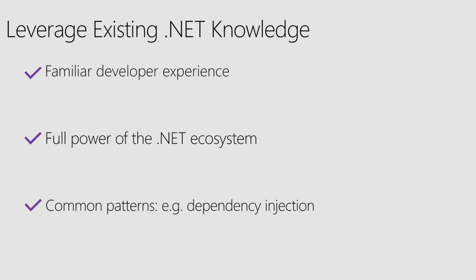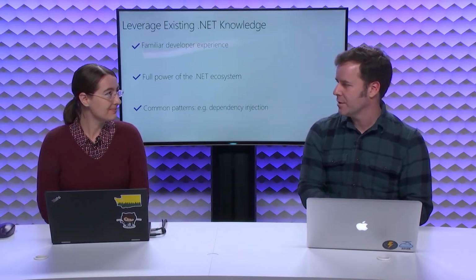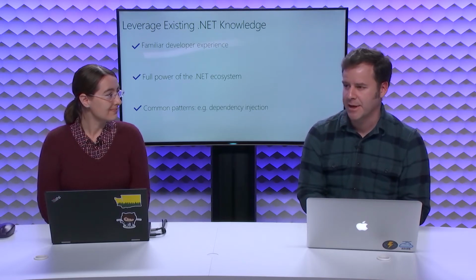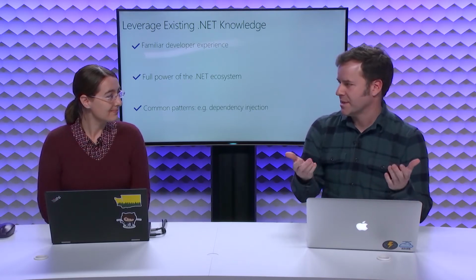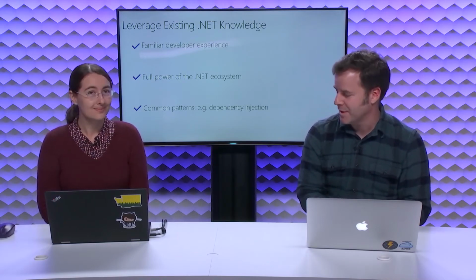So you get the full power of the .NET ecosystem, the ability to consume dependencies, bring in anything that you need in order to solve the problem that you're trying to solve within functions, and take advantage of those dependencies, and the ability to continue to use the same patterns that you typically use in your other .NET applications. For example, things like dependency injection, which we'll take a brief look at a little later.